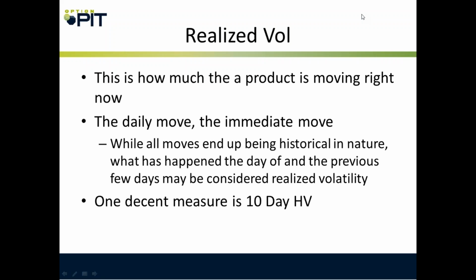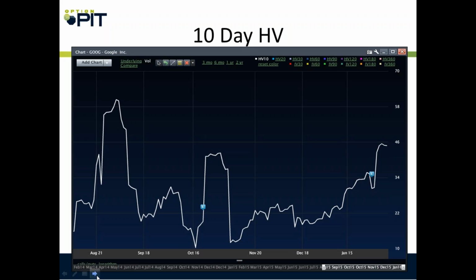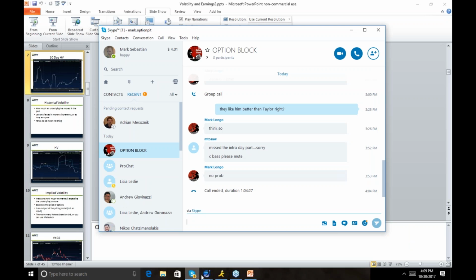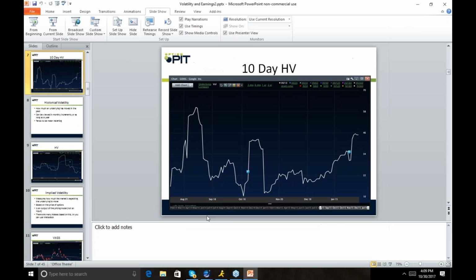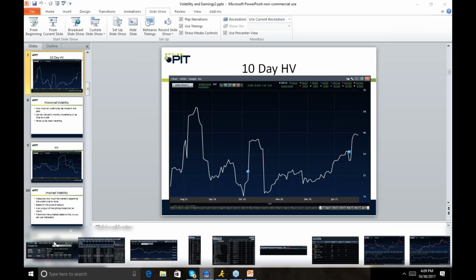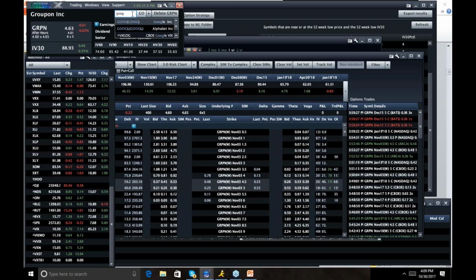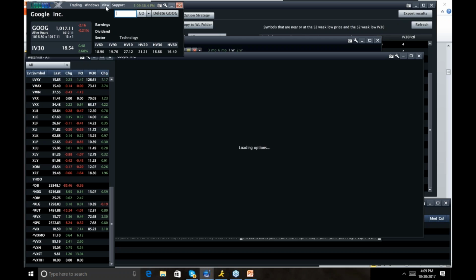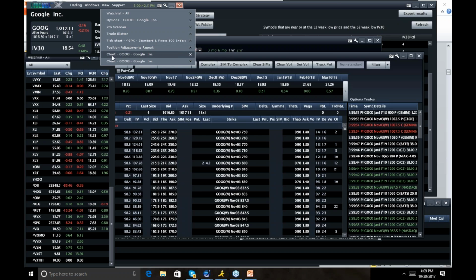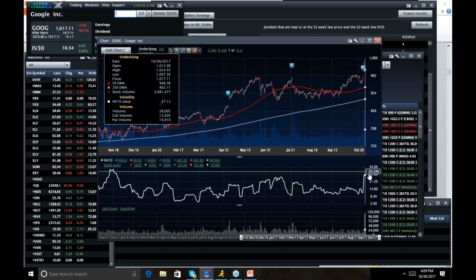So one way I look at realized volatility is to look at 10-day HV. These are older charts, but they're all the same. So this is Goog from a quarter ago, and you can see how much it was moving around. If I pull up Google now, you can see how much it moved.